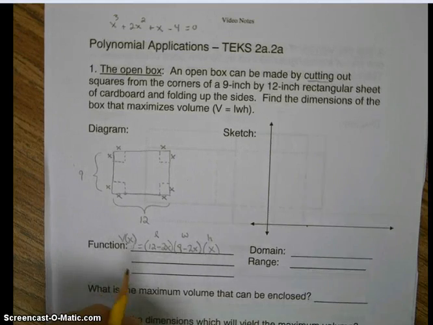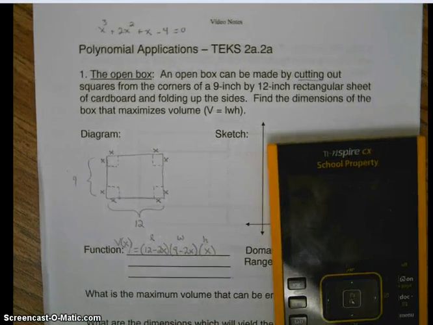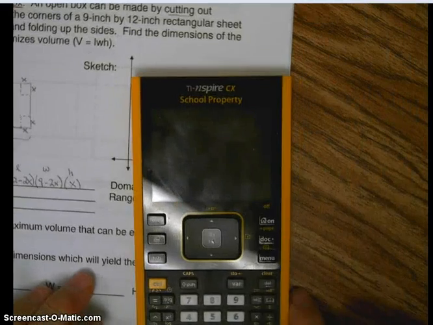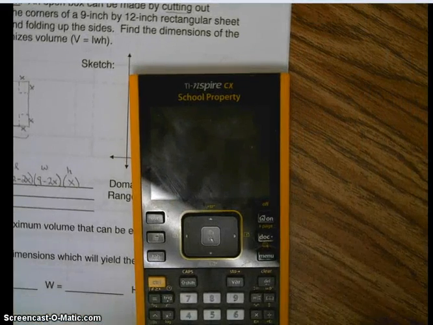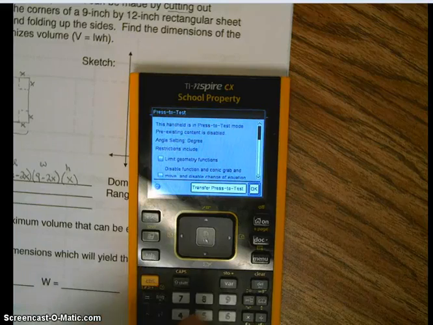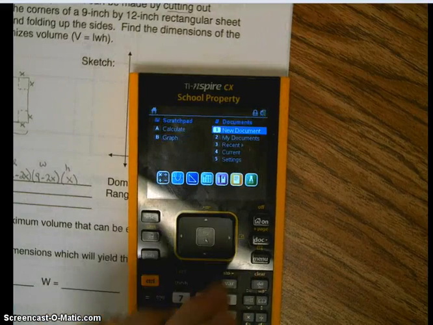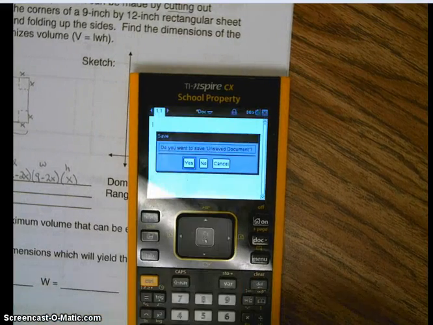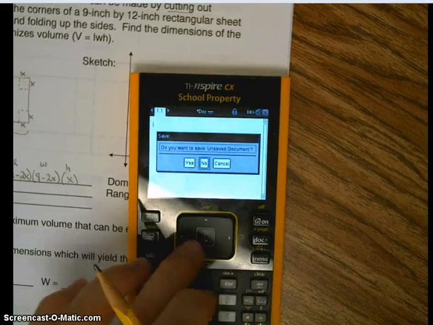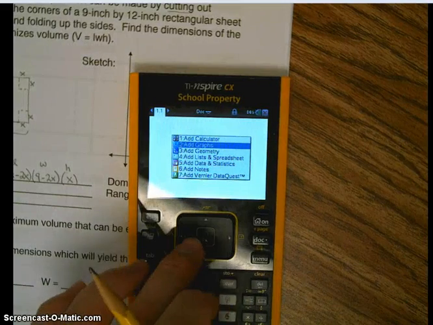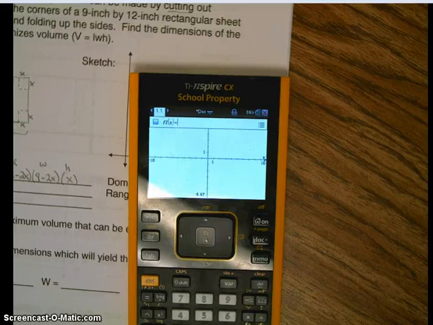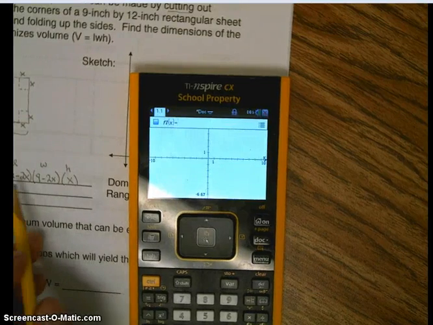So let's go ahead and go to our calculator. Hopefully we get a good screen here. Click OK, go to New Doc, click No, Add Graphs. Okay, so I'm going to go ahead and plug in my function.